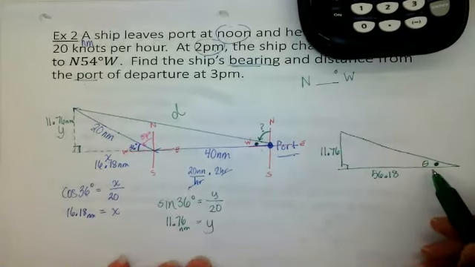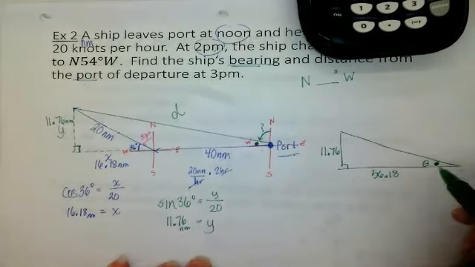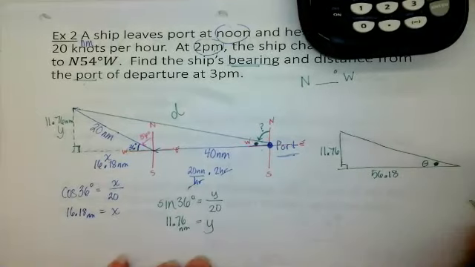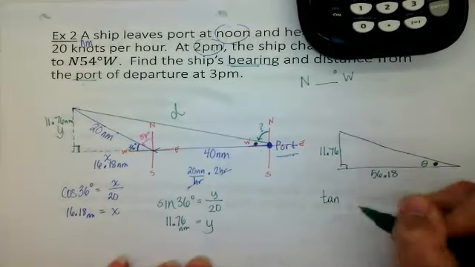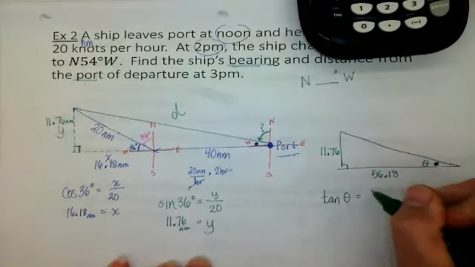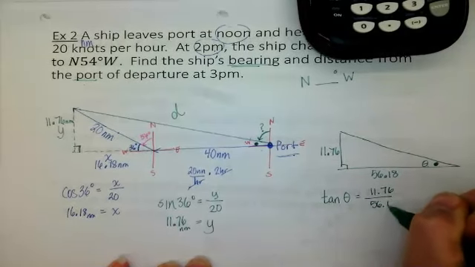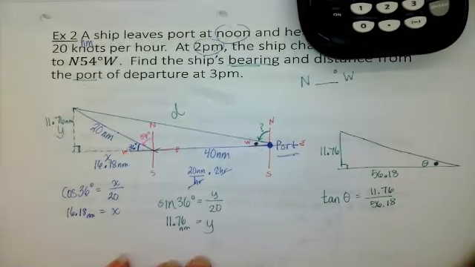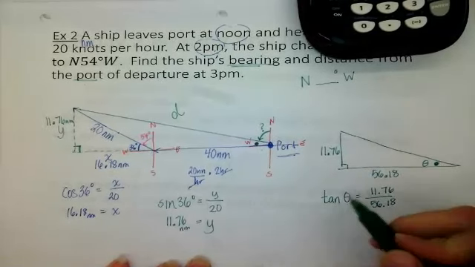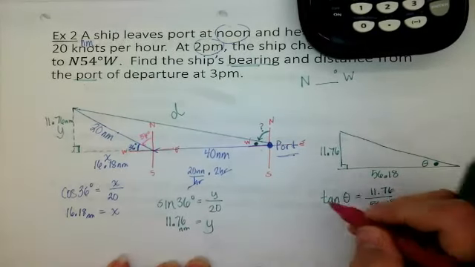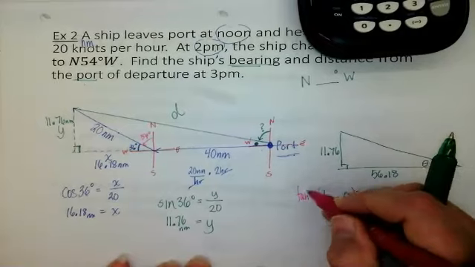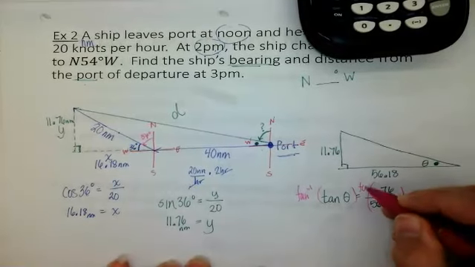And so I have opposite over adjacent, so that's a tangent function. So tangent of theta would be 11.76 over 56.18. And to free that angle measure, we're going to do tangent inverse of both sides.